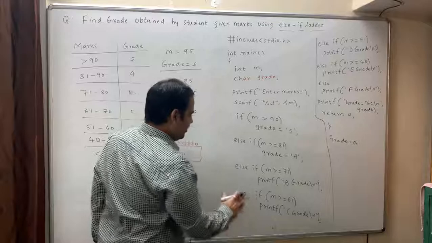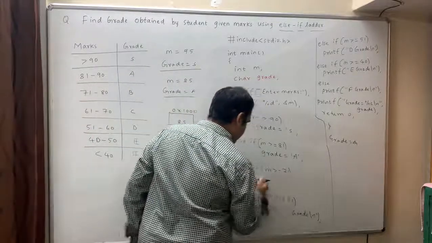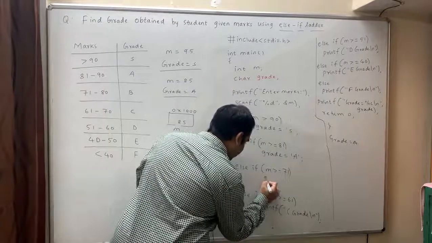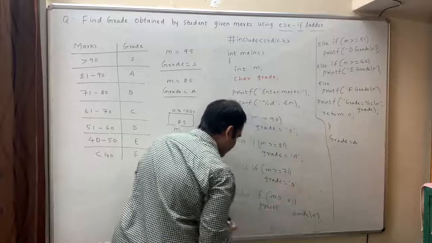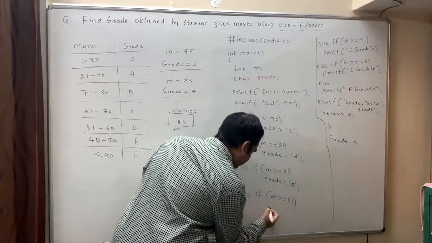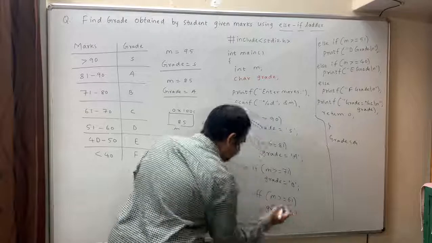Is that okay? Similarly, what I can write over here? I can say grade is equal to B. I can write over here grade is equal to C. Is that okay?